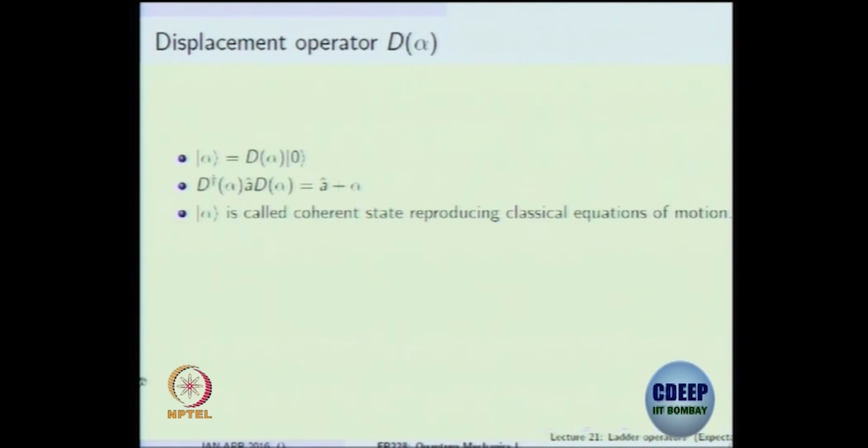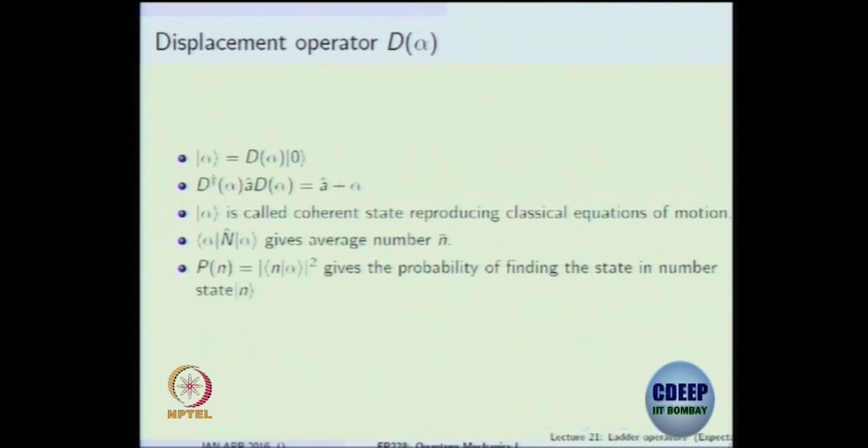And incidentally, this alpha is called a coherent state, which is an eigenstate of the lowering operator, and which will reproduce all your classical oscillator equations. By that I mean, if you take the expectation value of x of t in the coherent state, you will reproduce the results which you have studied. Okay, I stop here.